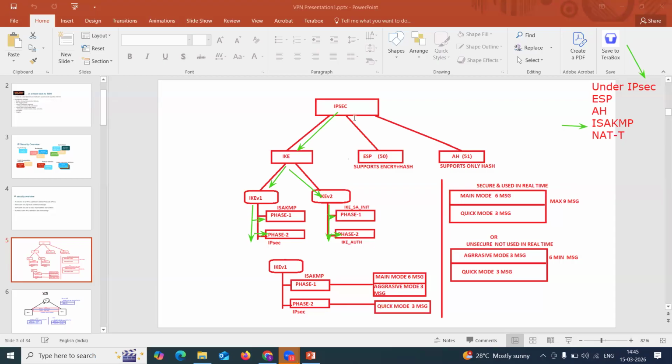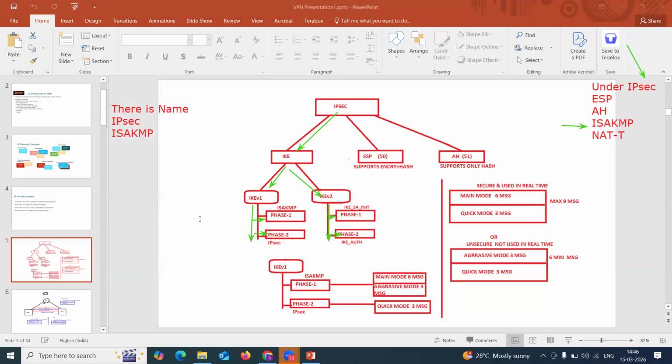Now I'll tell you one more thing. There are names, and the names are IPsec and ISAKMP. Like my name is Sushil, but a name has meaning as well.